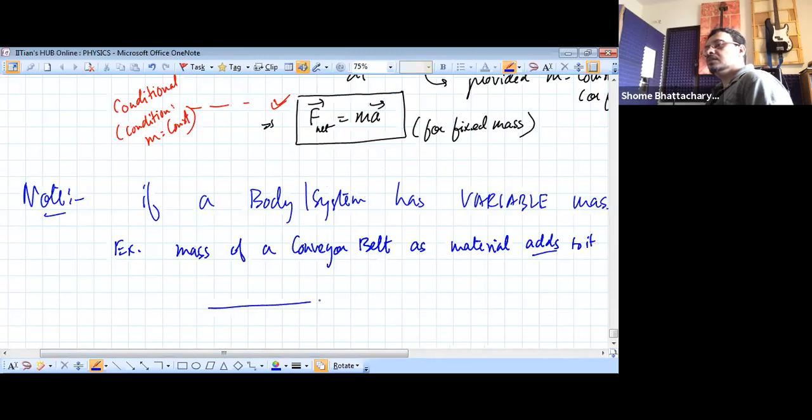So you have an industrial conveyor belt which is moving along like this, but mass is falling onto it. So its mass is increasing with time.